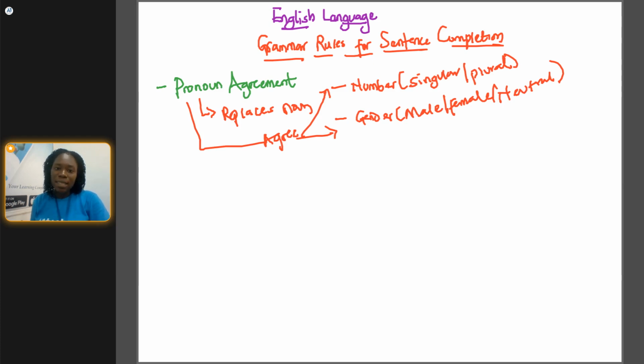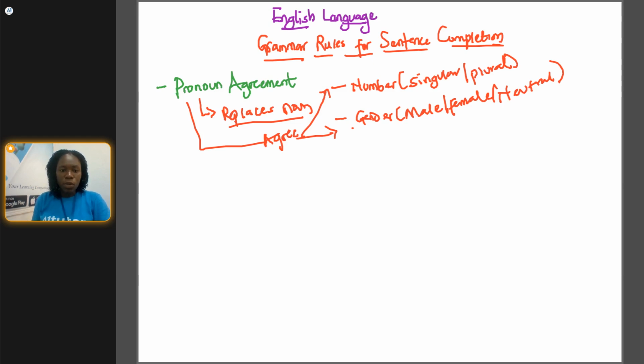When we talk about the antecedent, we are talking about the noun it replaces. So if a pronoun is replacing a noun, it must agree with that noun. Whether we are talking about number or gender, they must agree.